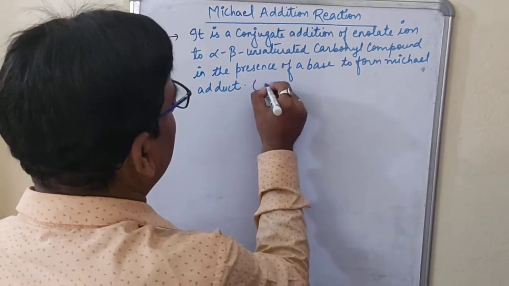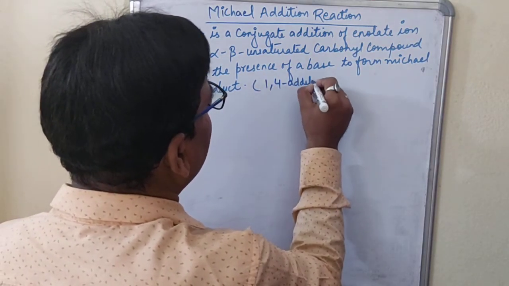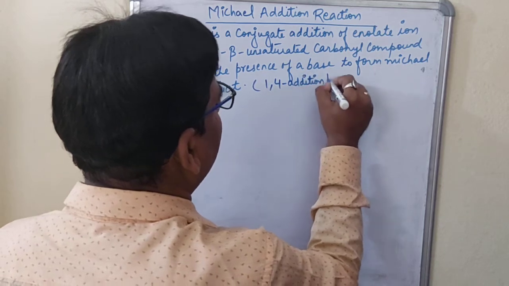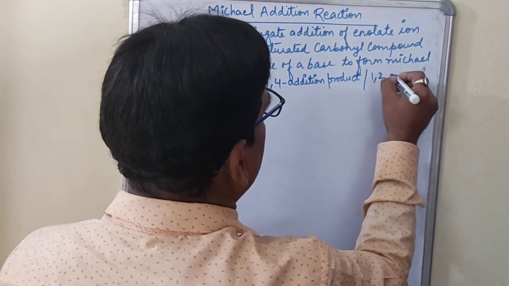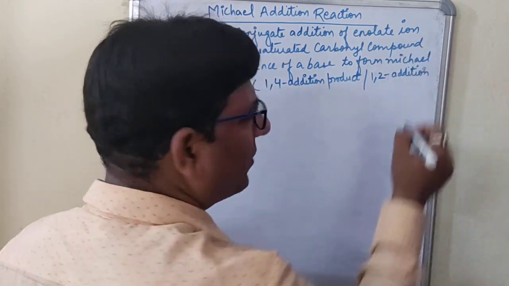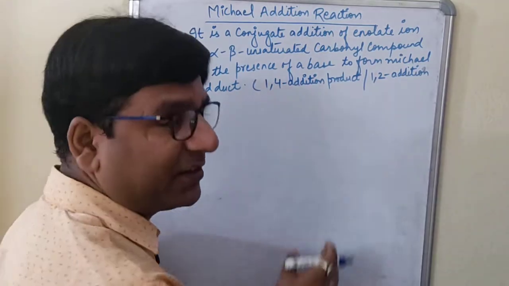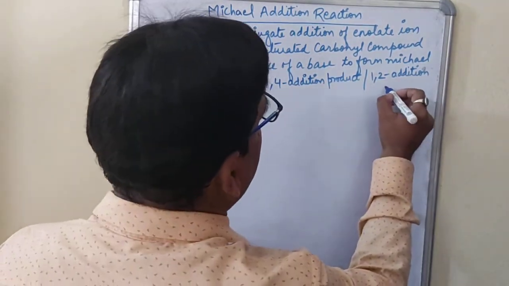I am writing here 1,4 addition product or 1,2 addition product. Now we will see what 1,2 addition is and why I am saying 1,4 addition. Everything, students, we will see in detail, along with its mechanism.